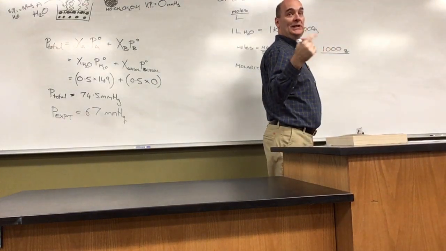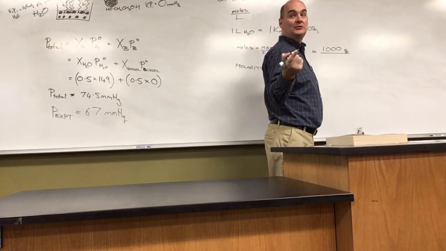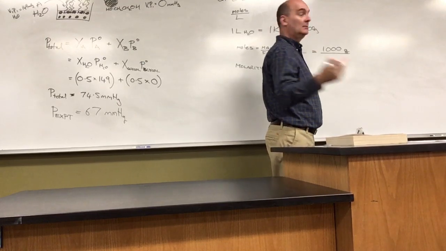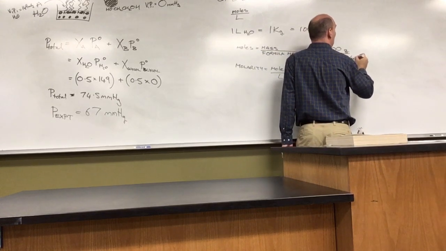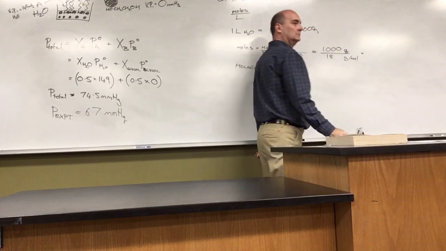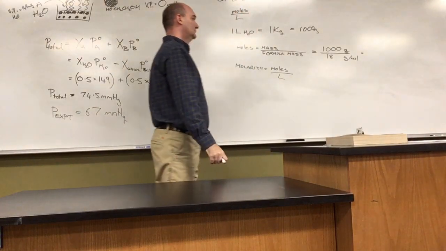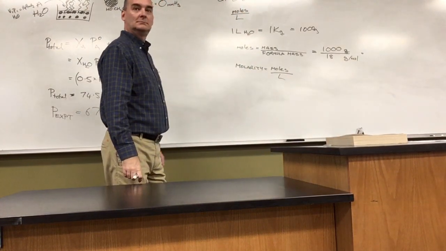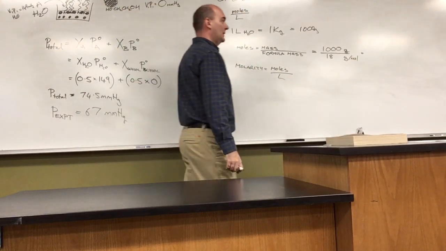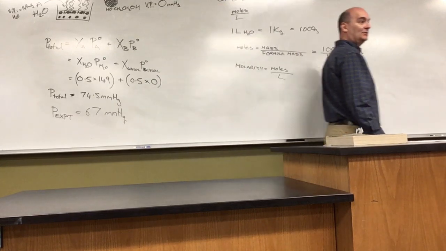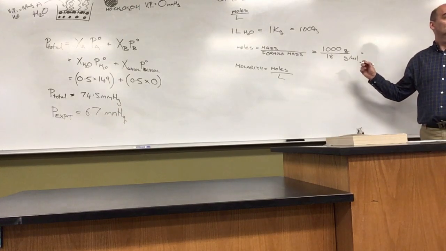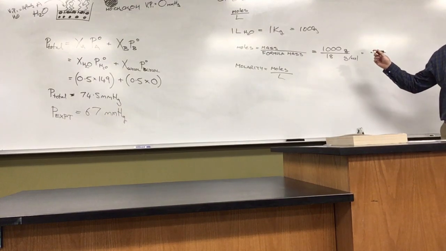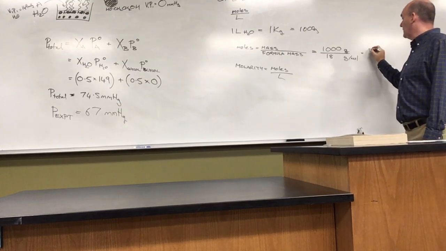There's 2 hydrogens, each at 1, and an oxygen at 16, is 18 grams per mole. 1,000 divided by 18 equals 55.5, yeah?